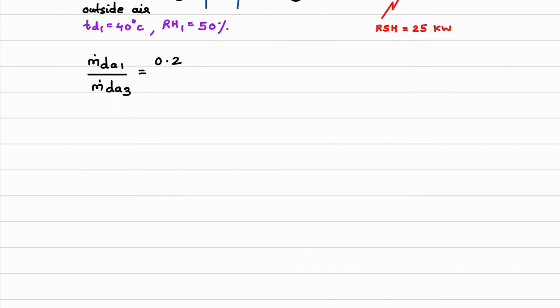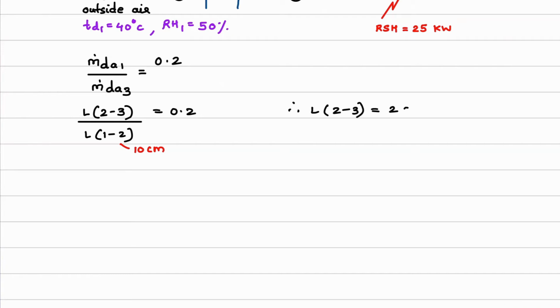Finally, I'll write down the value of the length. So the equation will be length 23 upon length 12, equal to 0.2. Now this length 12, I am getting as 10 centimeter. So from here I can calculate length 23, which is equal to 2 centimeter.